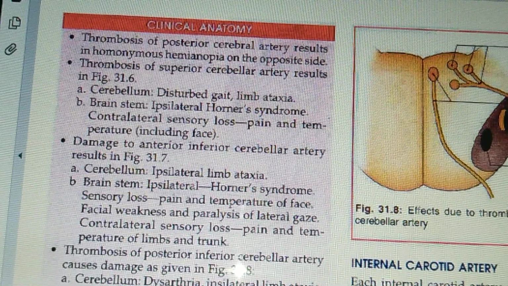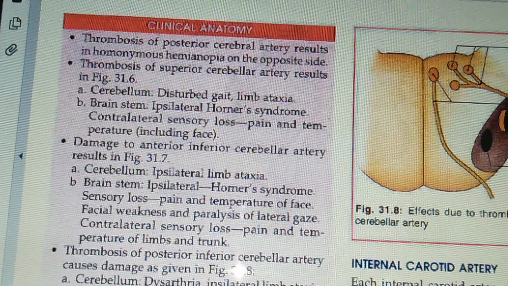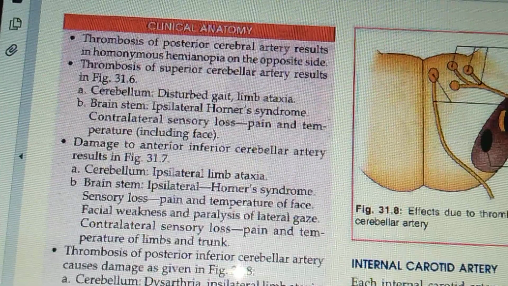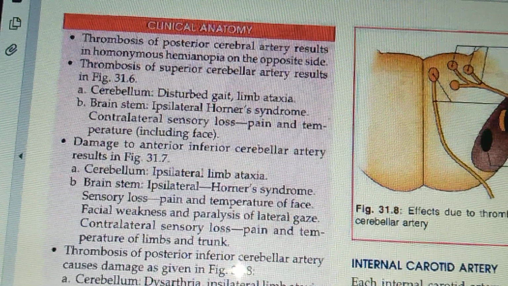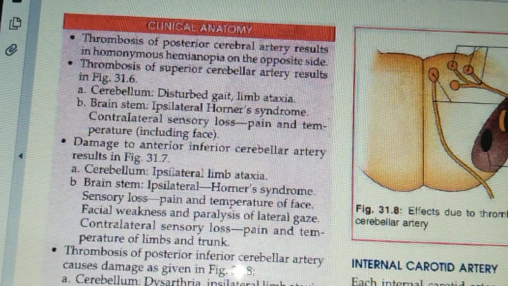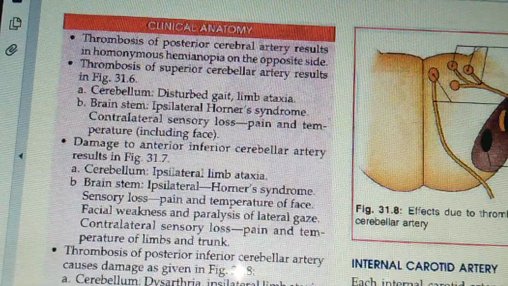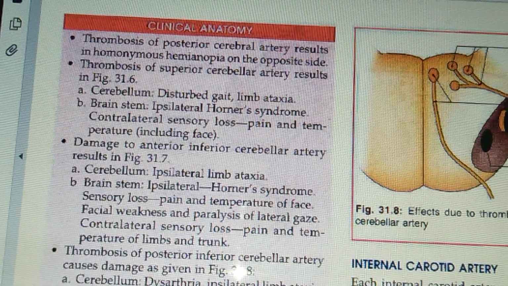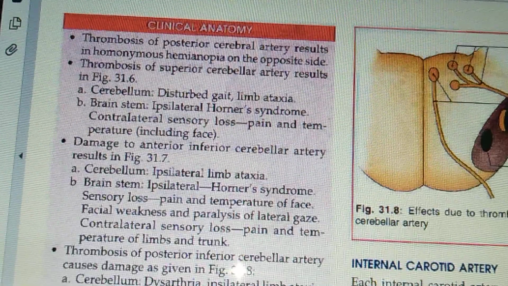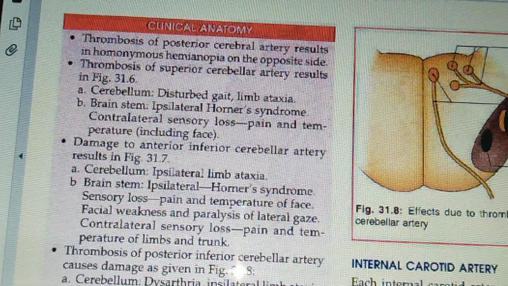Next is thrombosis of the superior cerebellar artery. It results in, in the cerebellum, disturbed gait and limb ataxia. Okay, disturbed gait means there is a difficulty in walking, and limb ataxia means ataxia of the limb. Ataxia means loss of the control of the bodily movements, right? And in brainstem, it will lead to ipsilateral Horner's syndrome. Right, Horner's syndrome, we have also talked about this previously.